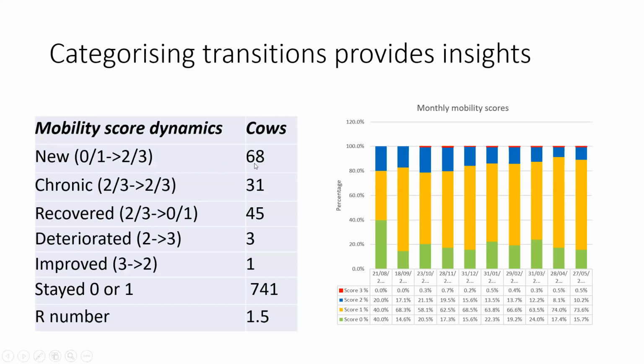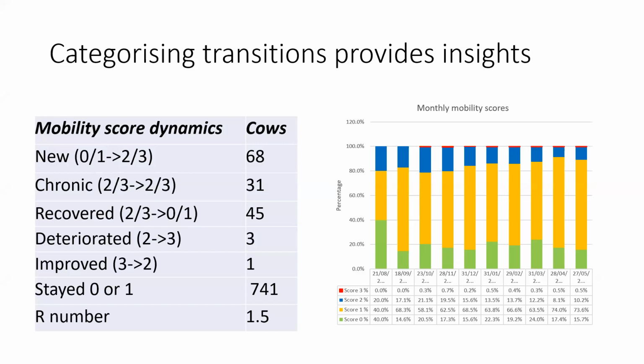So in this case, we had 68 cases that appeared to be new lame cases. Now this category included a few cows that are fluctuating, so they might appear to be new cases, but it will include some repeat cases, because my simple spreadsheet analysis couldn't take into account very easily the cows that were lame 3 months ago, then went sound, and were sound for a couple of months, and then went lame again this month.